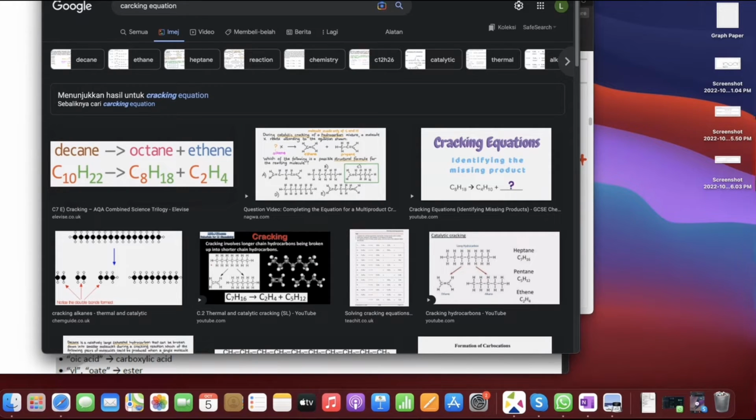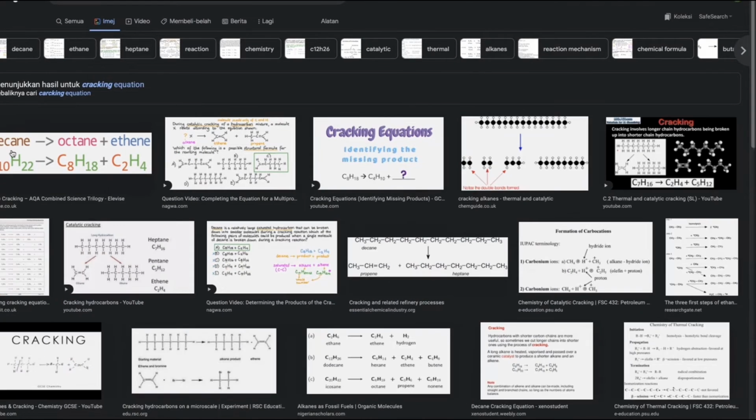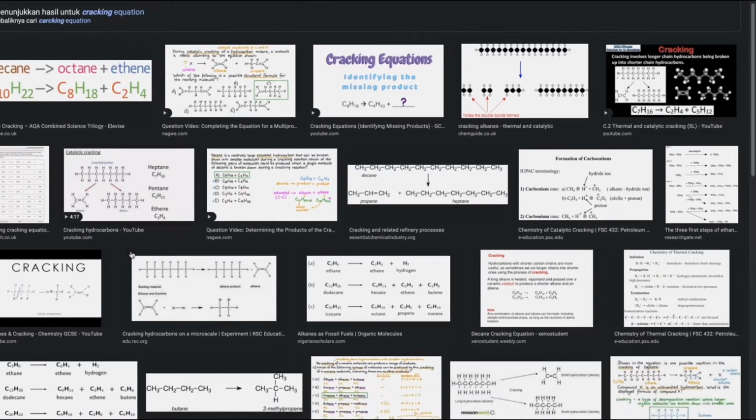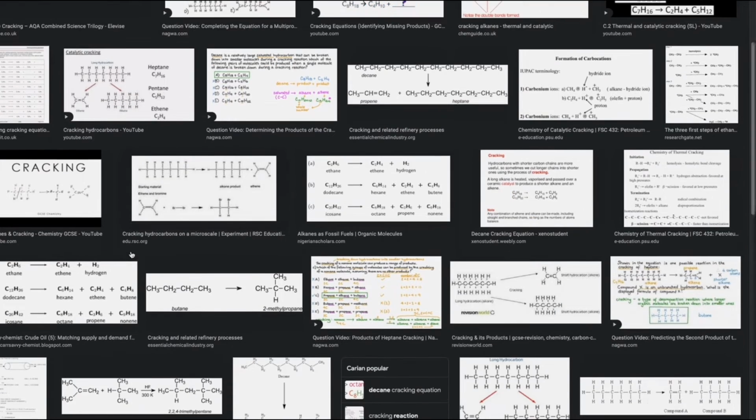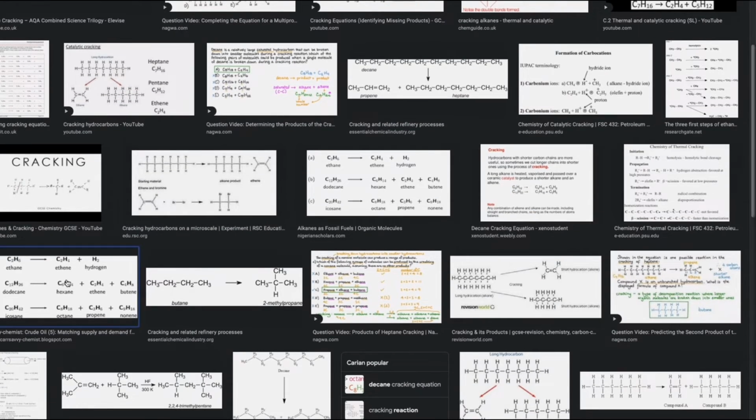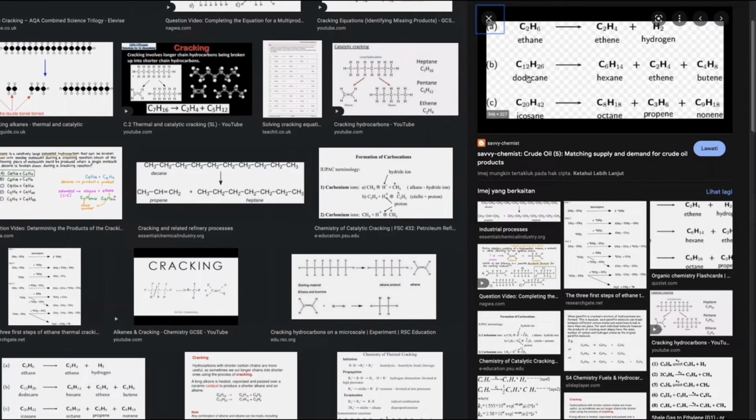So example, decane, 10 carbon, 22 hydrogens. Octane, 18. So you can see they formed alkane, alkene. Alkene must be there, like what I said. Okay, let's see another example. Cracking. Dodecane, hexane, butane.